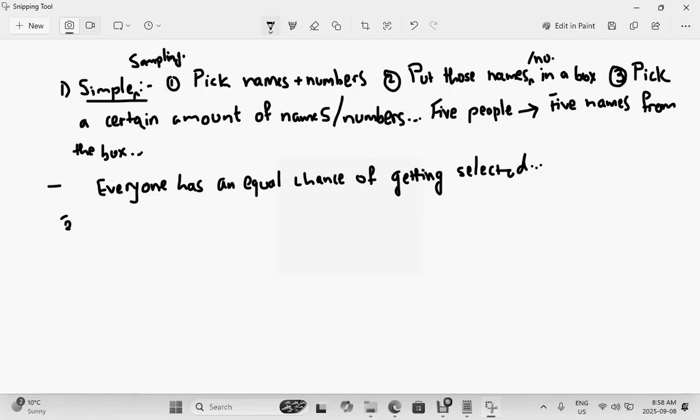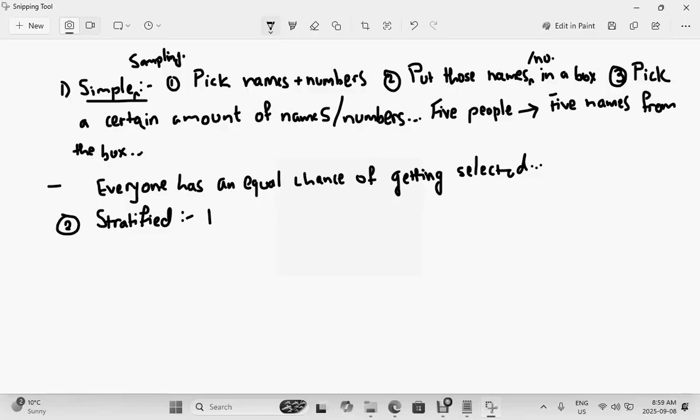Now, the second type of sampling has to do with stratified sampling. In a stratified sample, a population is divided into groups, and then the person sampling picks a proportionate number of people from each group.